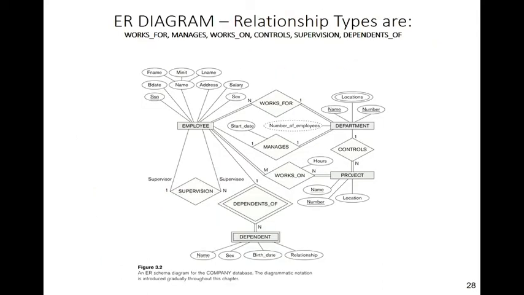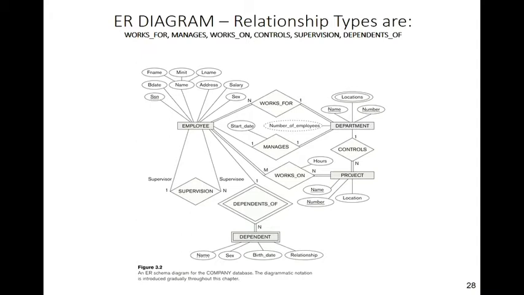So if we look at the diagram that they have associated with this, we have all of the different scenarios here of employee, department, project, and dependent. We have the 6 different relationships that we've identified there.